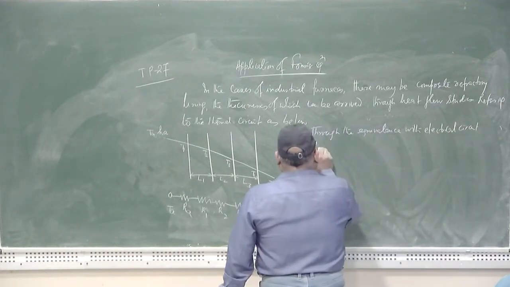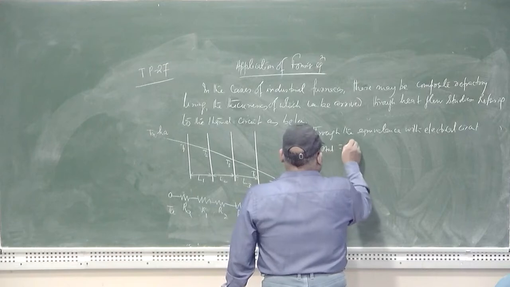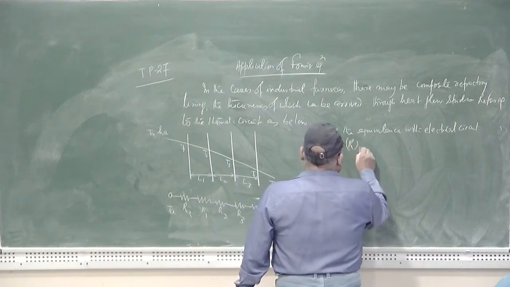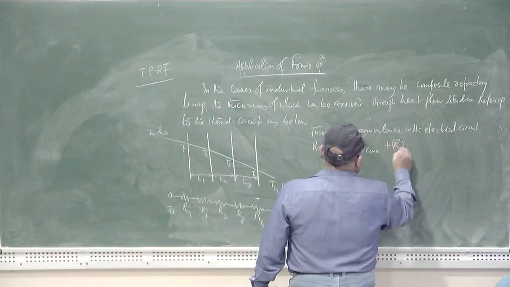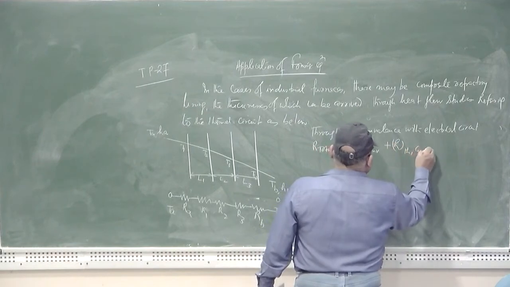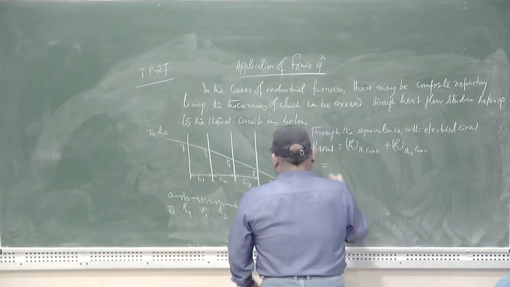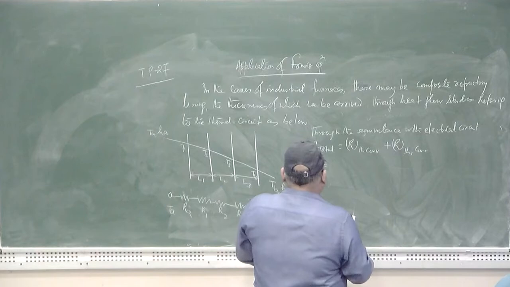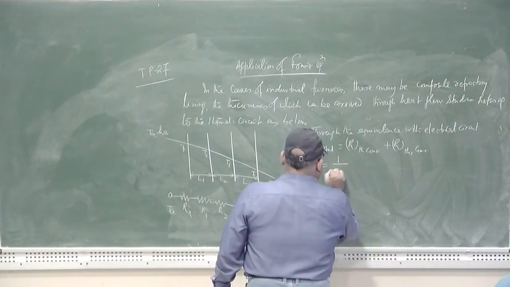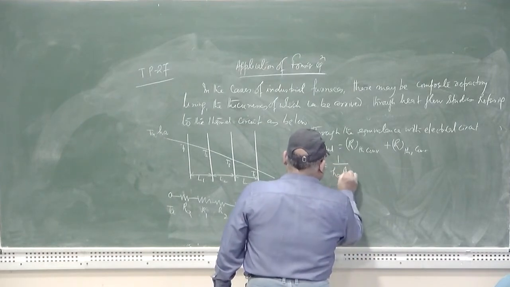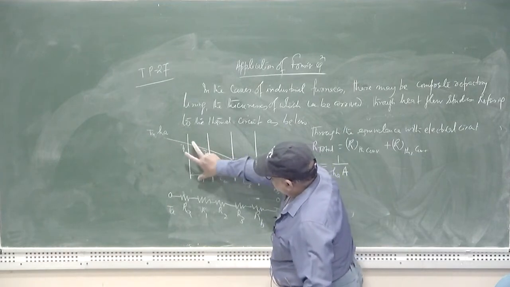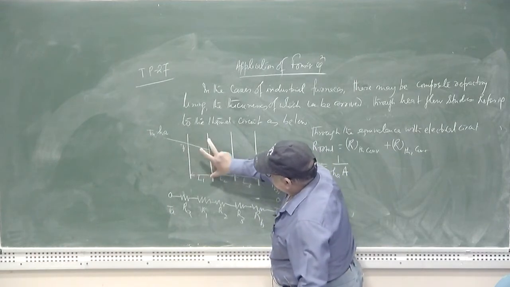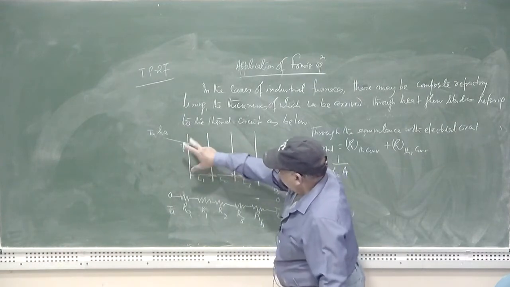the total resistance R total will be equal to R thermal convective plus R thermal conductive. That should be equal to the Ra value. What should it be equal to? This should be equal to 1 upon Ha into A. Same area it has to pass. I have assumed that the areas are all equal.